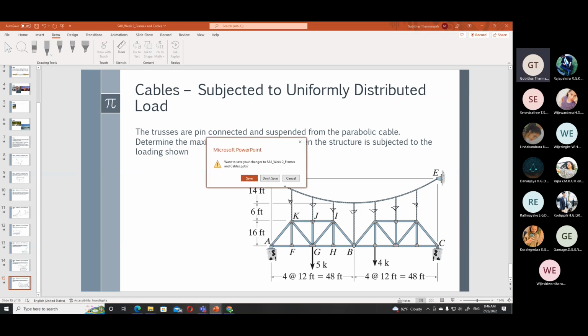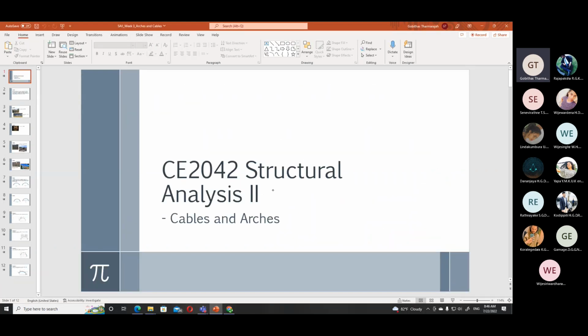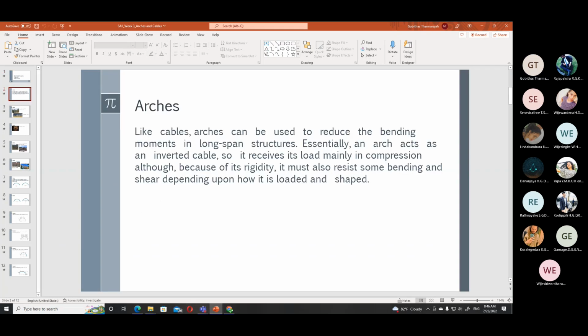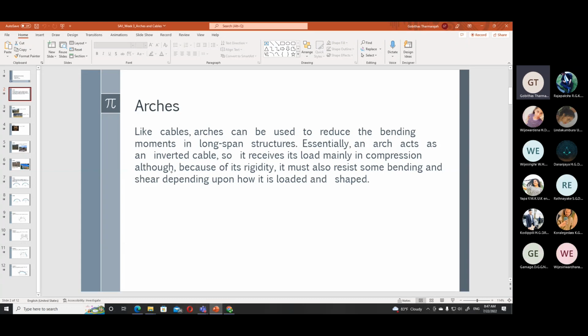Now I'm going to a new section in cables and arches, that is analyzing arches. So arches, like cables, can be used to reduce the bending moment in long span structures. Essentially, an arch acts as an inverted cable, so it receives its load mainly in compression.